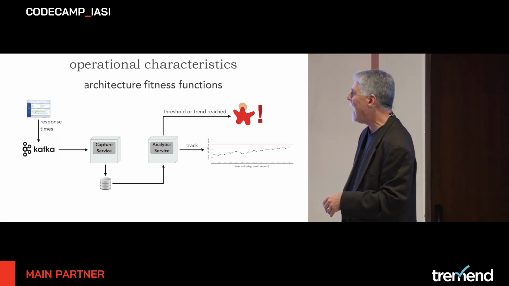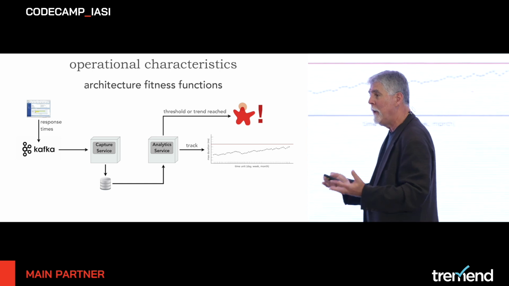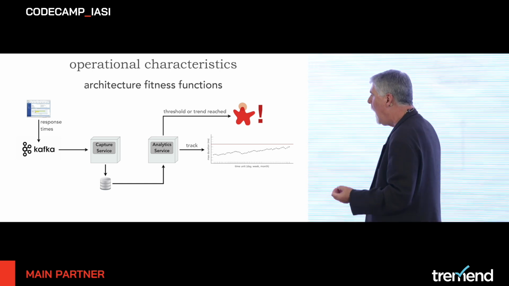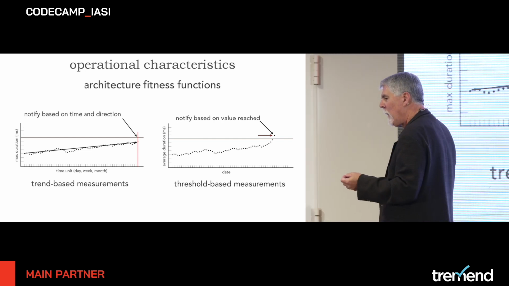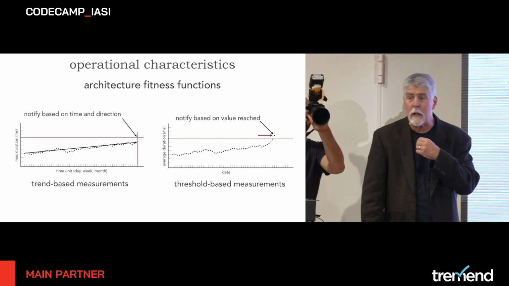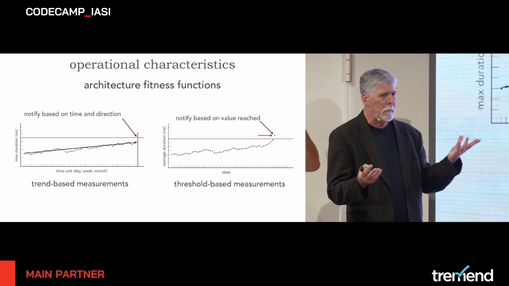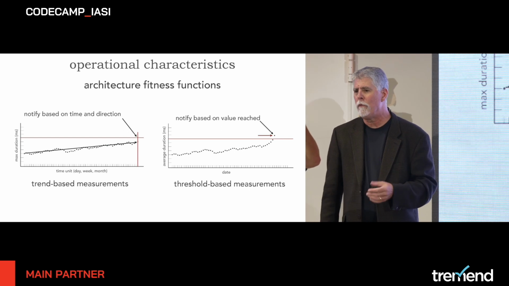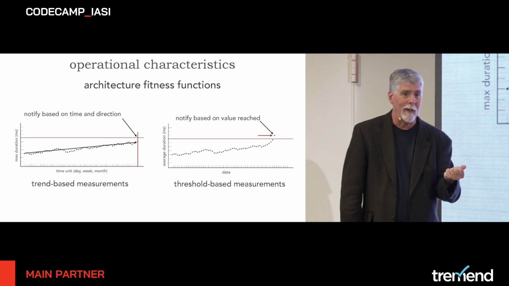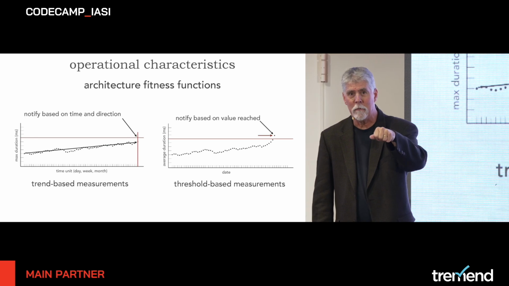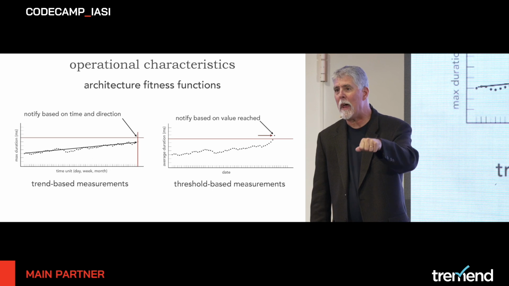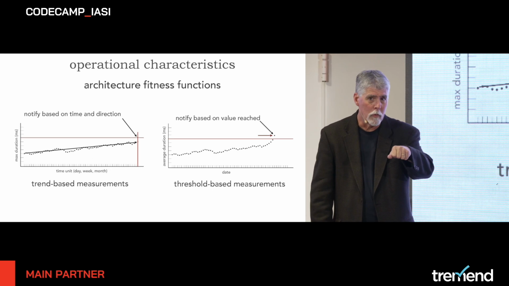Okay, fantastic. There are two kinds of fitness functions that we can write. Those fitness functions that measure trends, these actually are my favorite. I like these most, but it does depend on what we're actually looking for. If we've got specific SLAs, I care about the trend, but I also care about a particular threshold that we have guaranteed contractually will never go over.